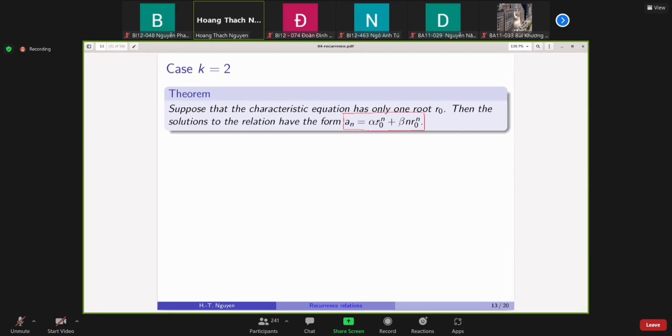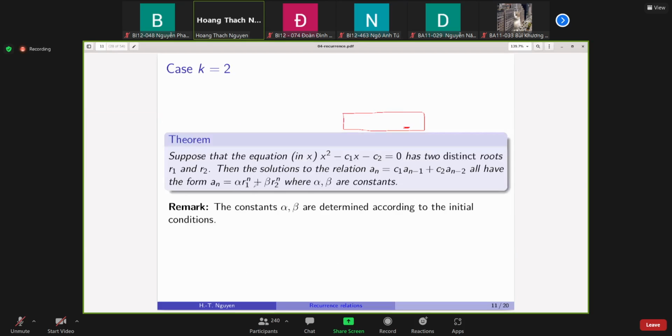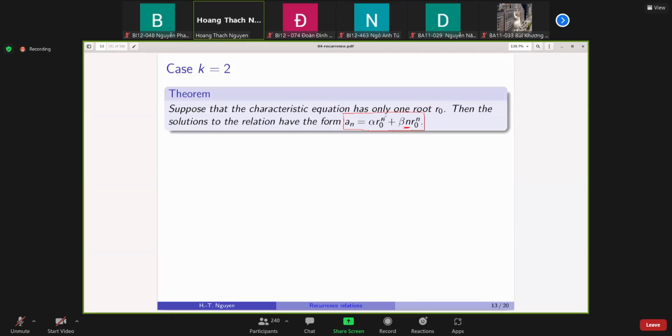So the difference is that there is a coefficient n here. Okay. So previously here we have a linear combination of R1 to the power n and R2 to the power n. So here we still have R0 to the power n, but we have a nonlinear term here.